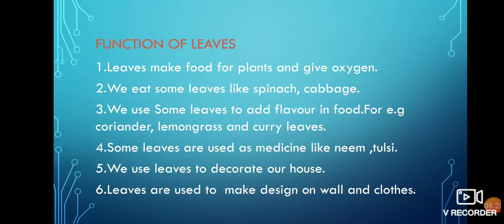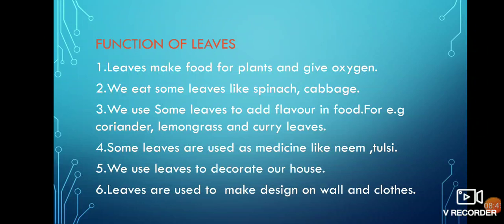What is the function of leaves? So the first point is written here: leaves make food for plants and give oxygen. Number 2, we can eat some leaves. Can you give the name? Yes, spinach, cabbage, mint, coriander. These leaves we can eat.